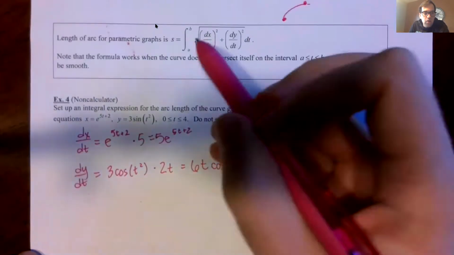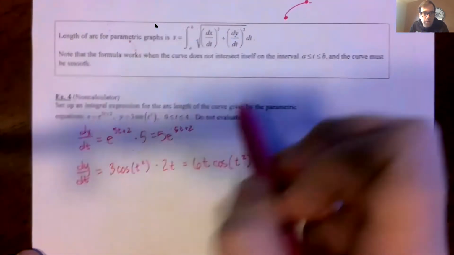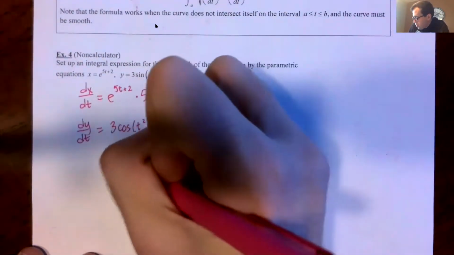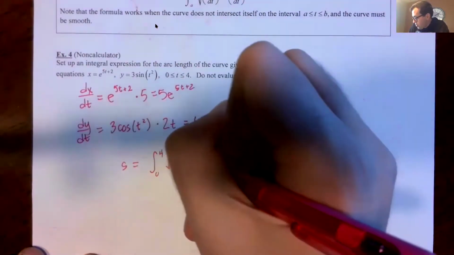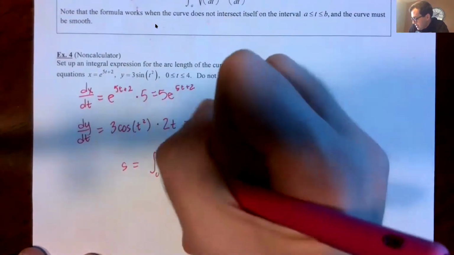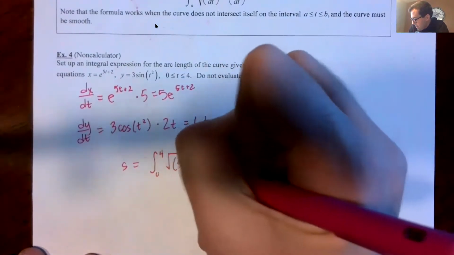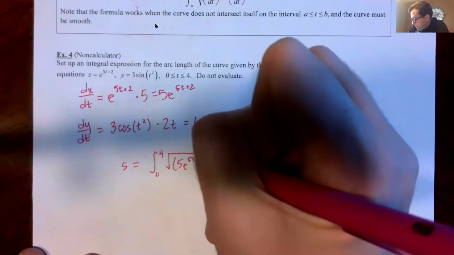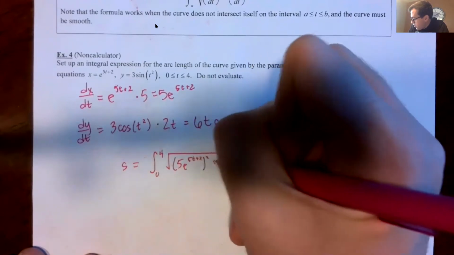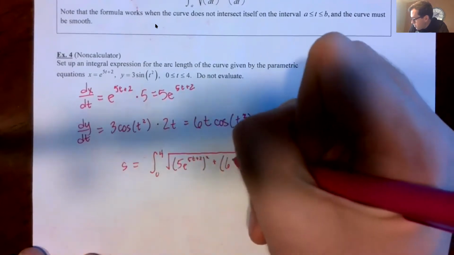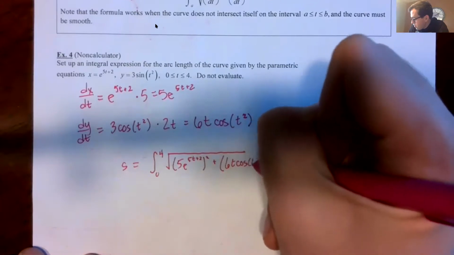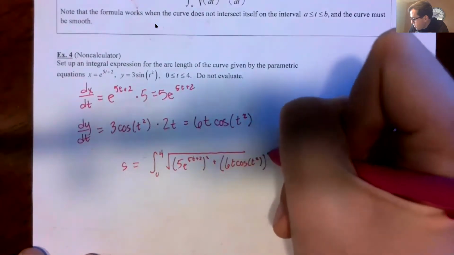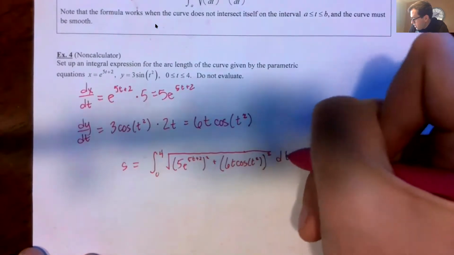So now we can go to our integral. We know we're going from 0 to 4. So s equals the integral from 0 to 4 of the square root of (dx/dt) squared plus (dy/dt) squared dt.